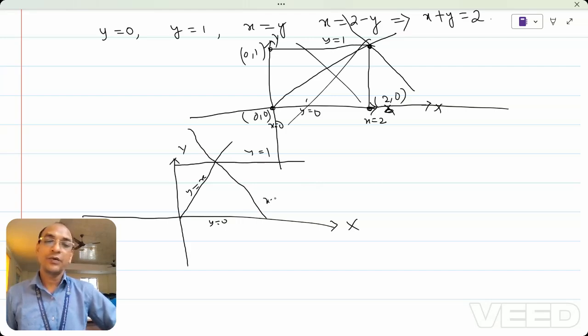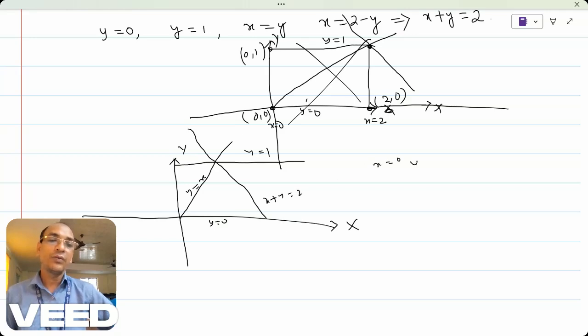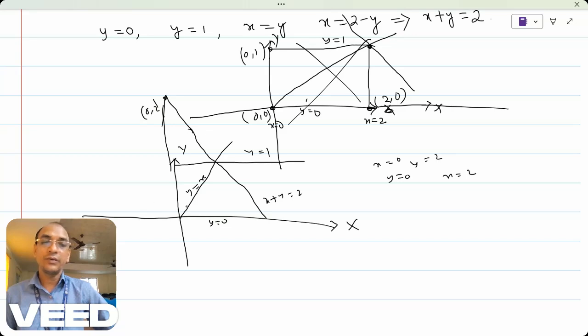If I put x equal to 0, y equal to 2, so somewhere here I will have 0 comma 2. When I take y equal to 0, x will be 2, so that will be somewhere here.